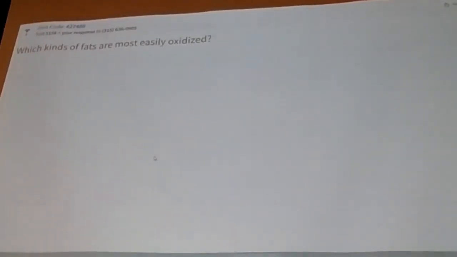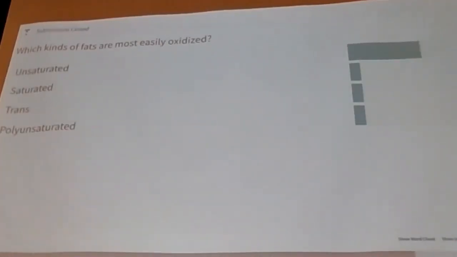All right, so which kind of fat did I say was most easily oxidized? Okay, so we got things ranging from unsaturated to saturated to trans to polyunsaturated.